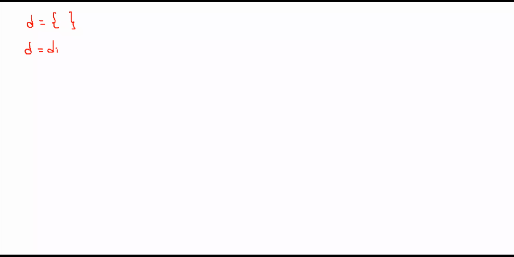D is equal to dict. There is a method called dict. With the help of the dict method also, we can create a dictionary. So this is the way of creating an empty dictionary.